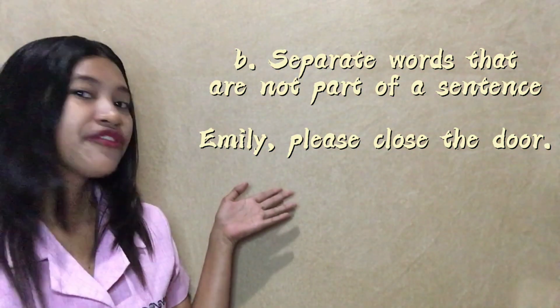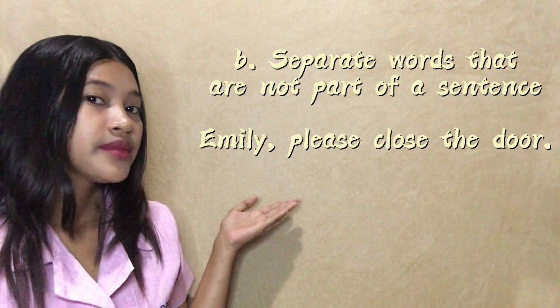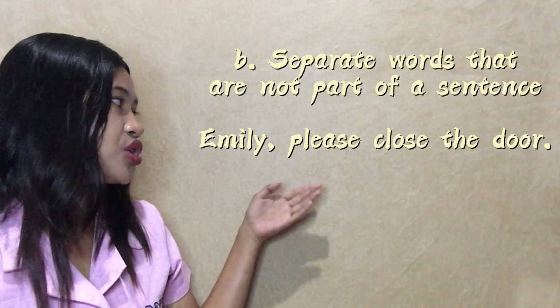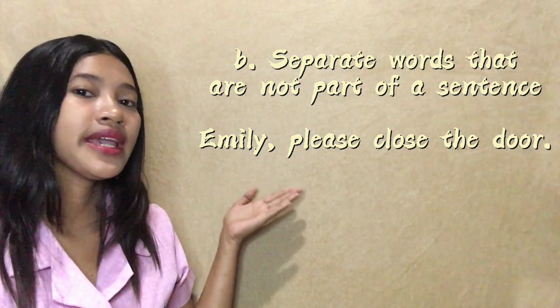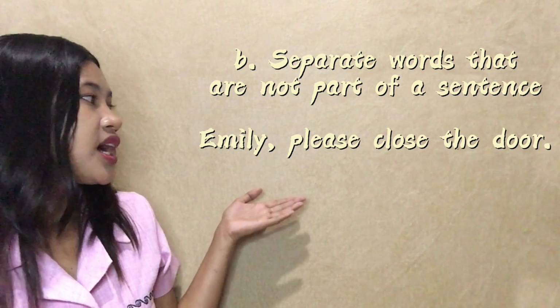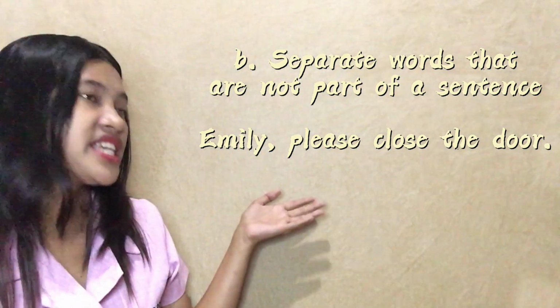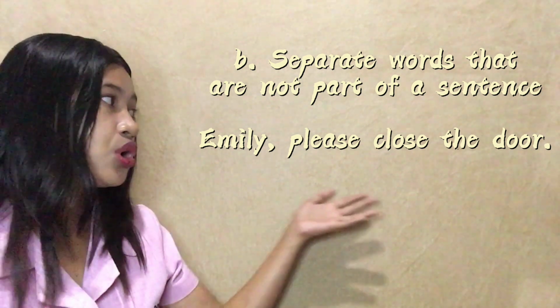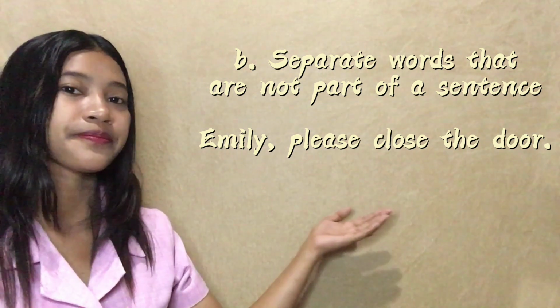After the name Emily, there is a comma. Emily here is the direct address because the person is calling the attention of Emily to close the door. So that is the second way of using a comma.